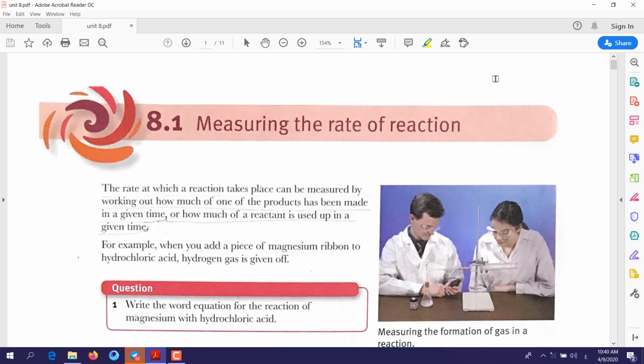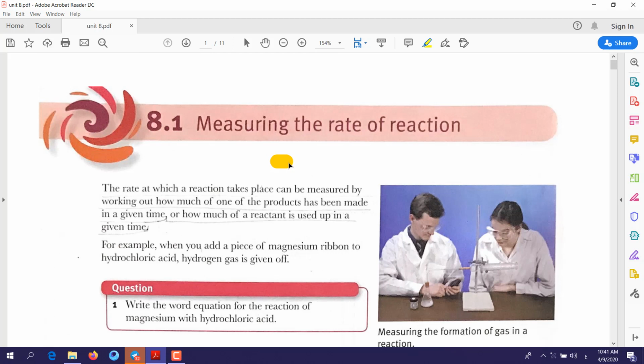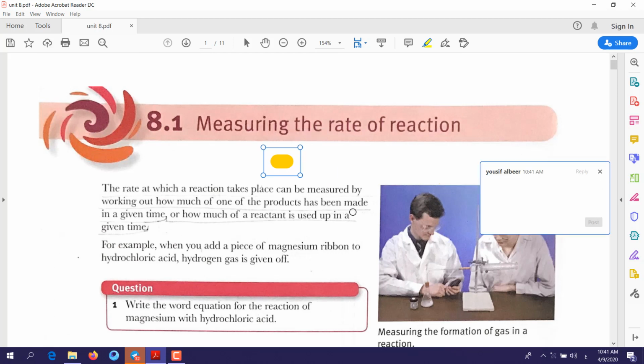In any chemical reaction, we will have reactants and products. What do we mean by reactants and products? For example, carbon plus oxygen equals carbon monoxide.